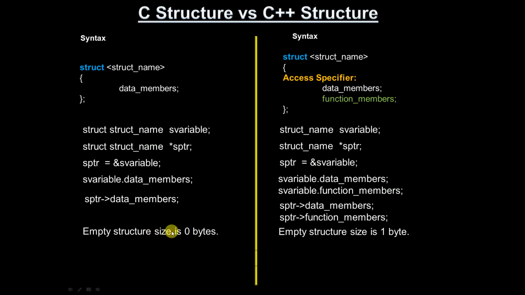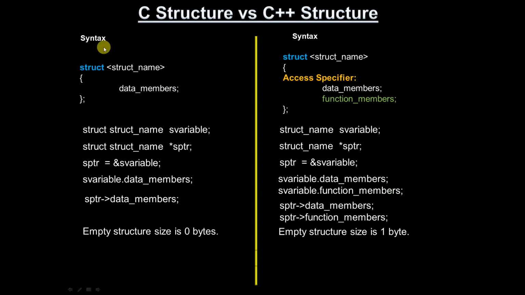We can define an empty structure as a structure without any data members. So how can we define an empty structure? A structure without data members is an empty structure. Here also, a structure without any data members is called an empty structure. The empty structure size is 0 bytes in C, whereas in C++ it is 1 byte.